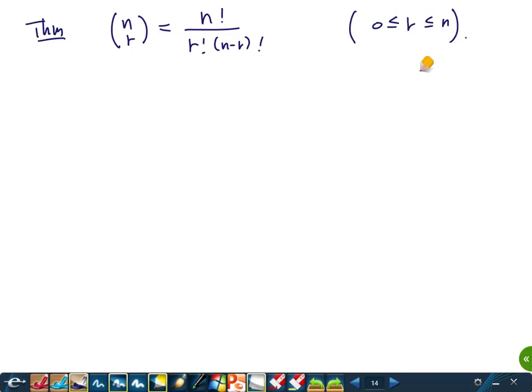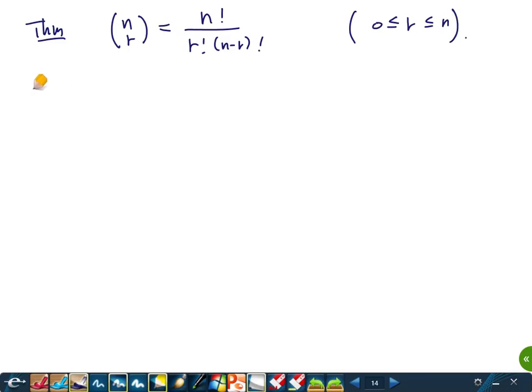If R is outside this range, it's just 0 by definition, because how can you select, say, 10 elements out of 5, right? So this only makes sense when R is in the correct range, meaning between 0 and n.